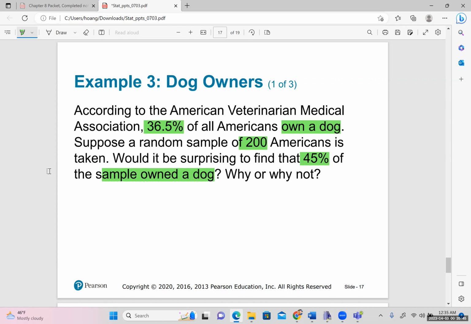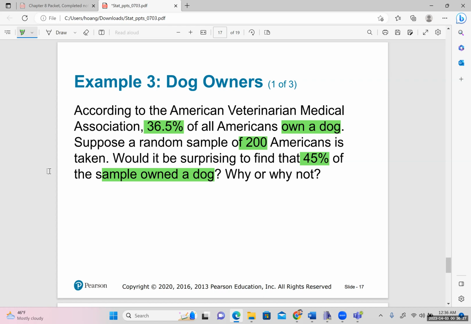So first we have to check the CLT conditions. Then we convert the 45% to a z-score, and if it is less than -2 or greater than 2, it is going to be unusual. Otherwise I would expect it to be within one standard deviation.